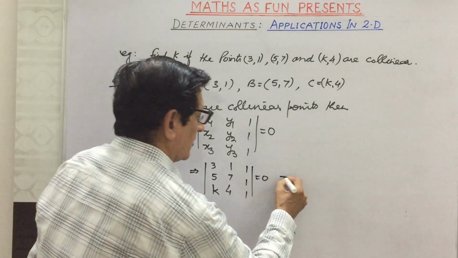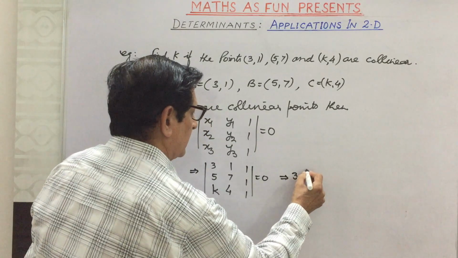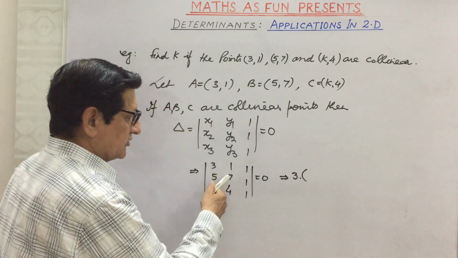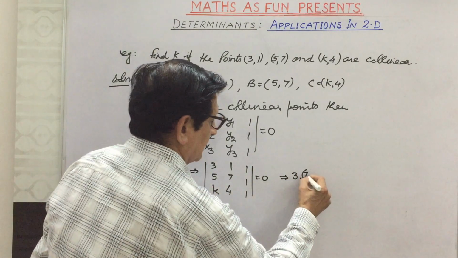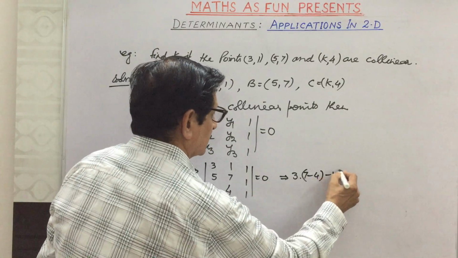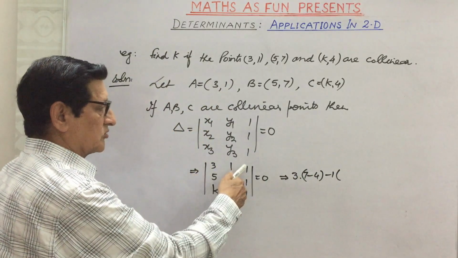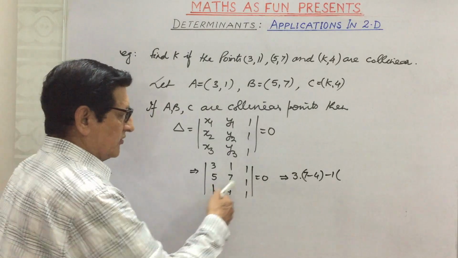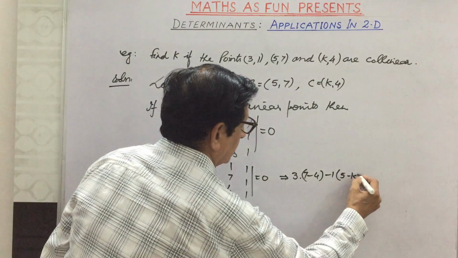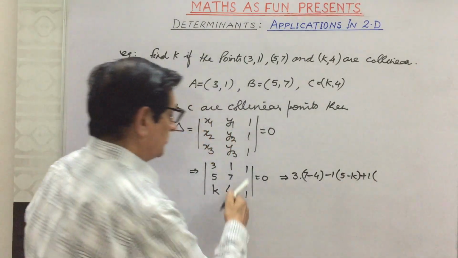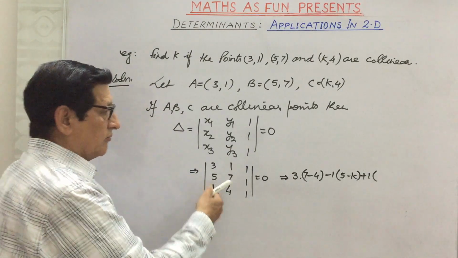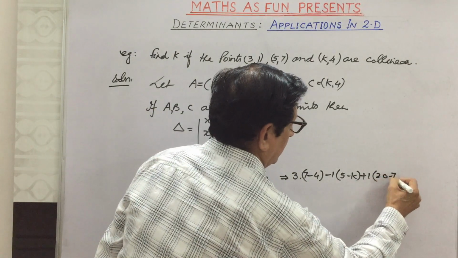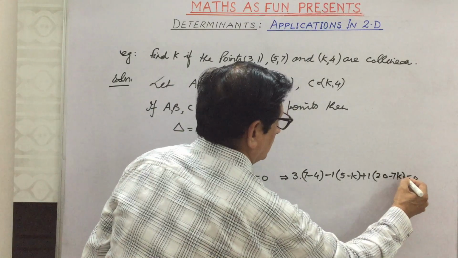Expanding along row 1, we get 3 into 7 minus 4, minus 1 into (leaving this row and this column) 5 minus k, plus 1 into 20 minus 7k is equal to 0.